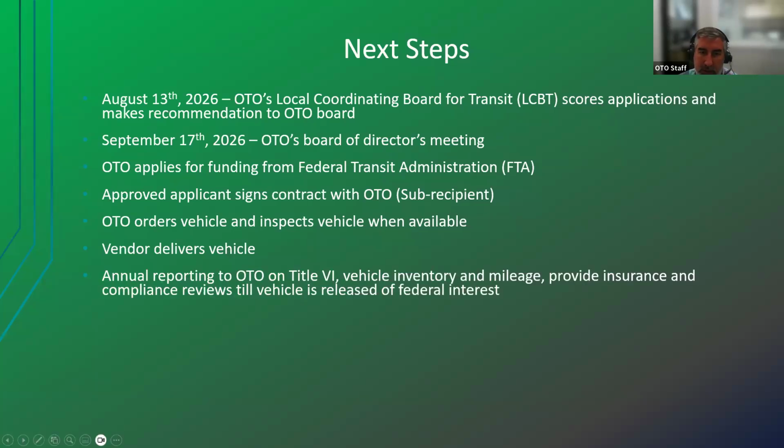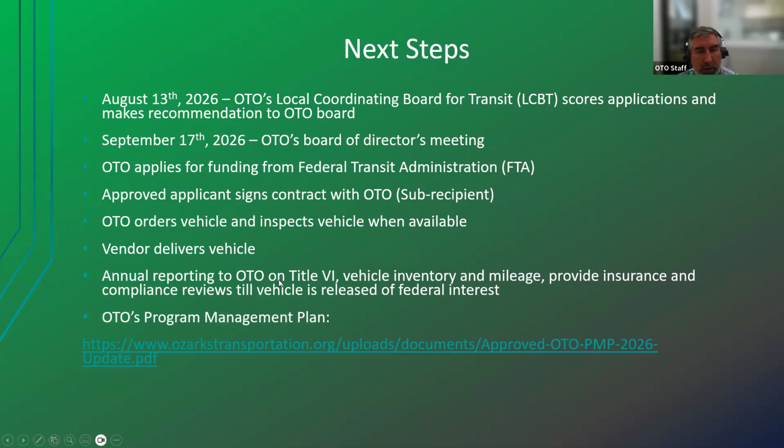After that comes annual reporting, which is outlined in the program management plan. It's fairly similar to what you do with MoDOT. Annually you have to report your Title VI, which basically just goes over whether you had complaints and how you replied.